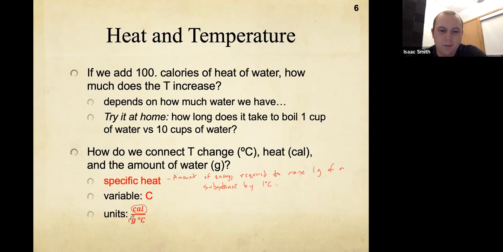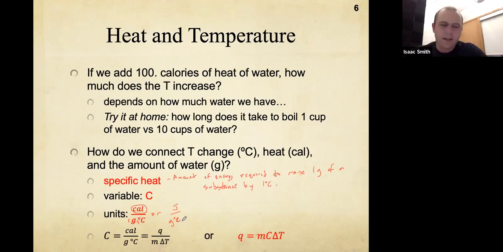You could write this as 1 gram times 1 degree Celsius. The amount of energy in calories required to raise 1 gram of a substance by 1 degree Celsius. So you can kind of see that in the units there. Or you'll see this as joules over grams degrees Celsius.